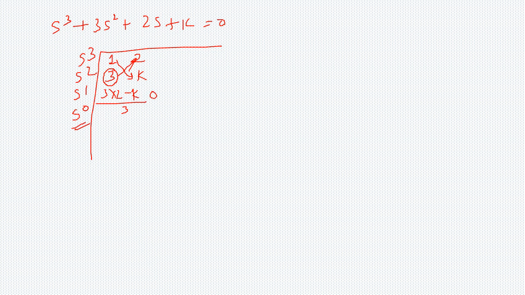What you need to do is make this entire row 0. So from here, (3 into 2 minus k) over 3 should be made 0. From here you get k is equal to 6.